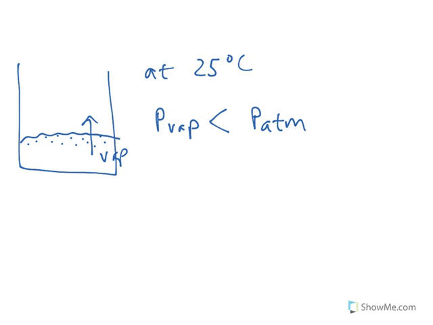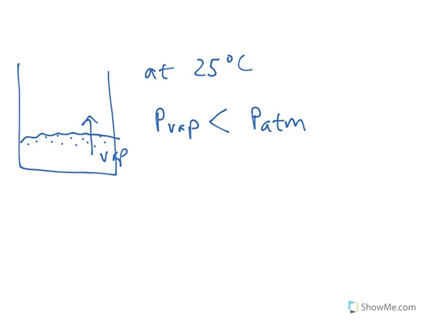The answer is it's going to start boiling, because there's nothing pushing those guys down. So water is going to start boiling at 25 degrees C. Now, have you ever seen that happen? No, because you're not living in a vacuum. There is atmospheric pressure. However, if you were to put the glass of water into a vacuum, as soon as the vacuum was applied, that water would start boiling, which is pretty wild.